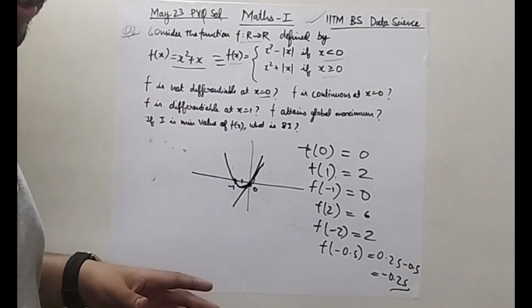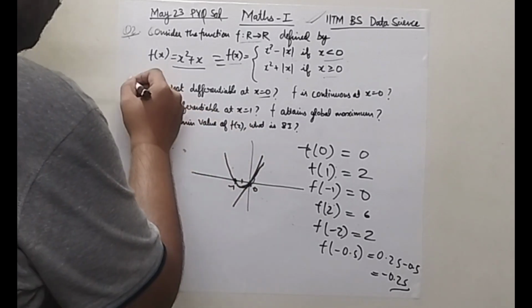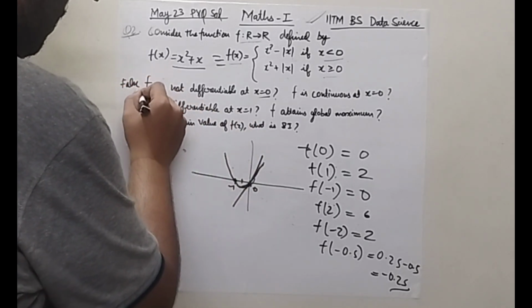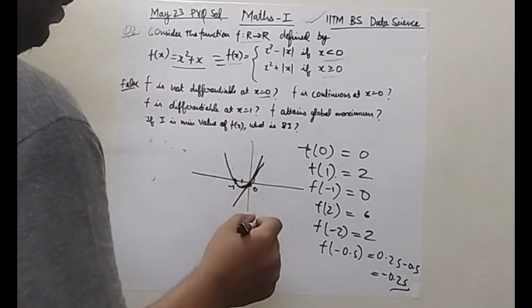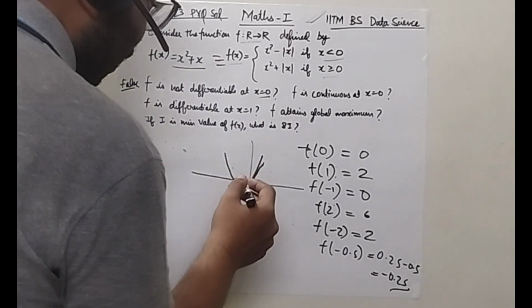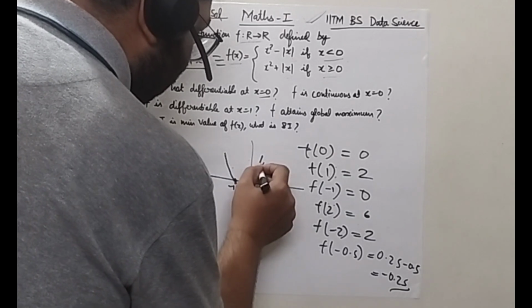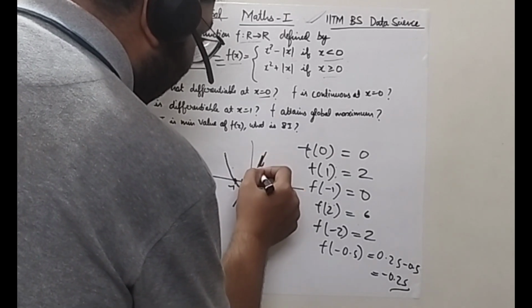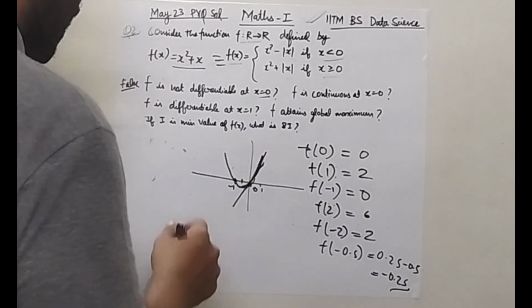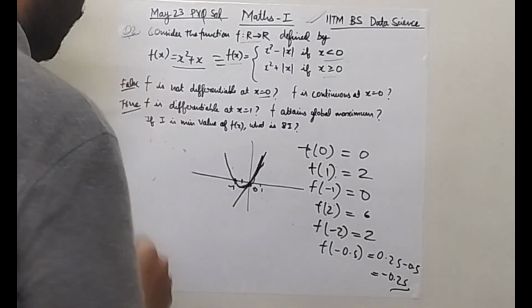There is a mathematical version also, but it is better to visualize this. So the statement is false, because f is differentiable at x equals 0, and f is differentiable at x equals 1 too. At x equals 1 also we can easily draw the tangent, which means it is differentiable at x equals 1 also.